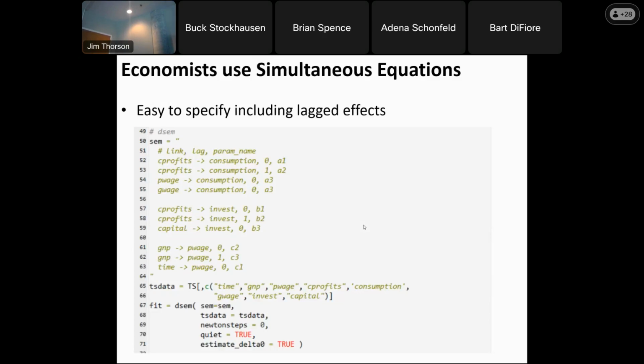Corporate profits, maybe they save it, and then it drives private wages. Private wages has a consumption effect that's the same. Private wages and government wages have the same, so you can mirror parameters. So it's a nice flexible interface for defining linear dependencies, and you can fit it easily.